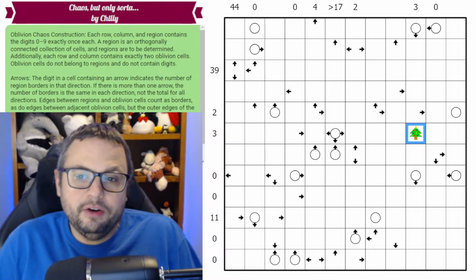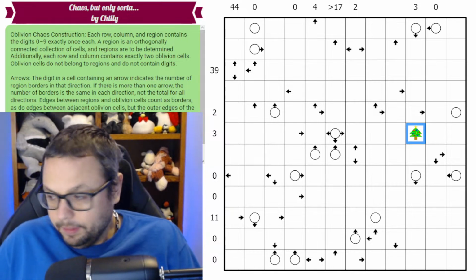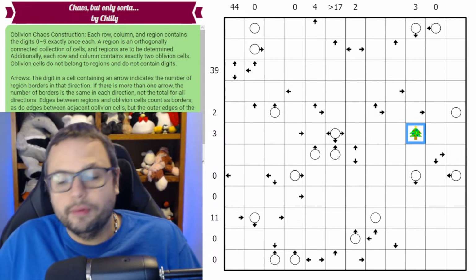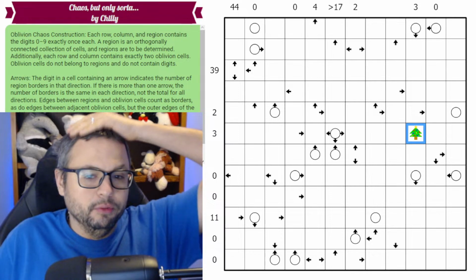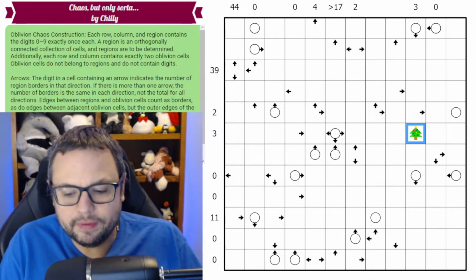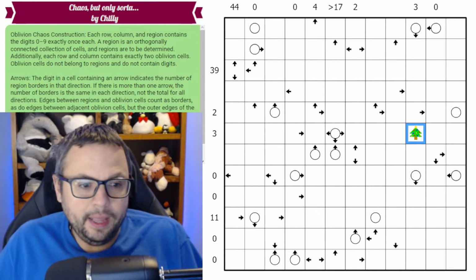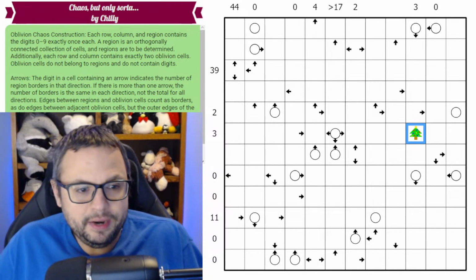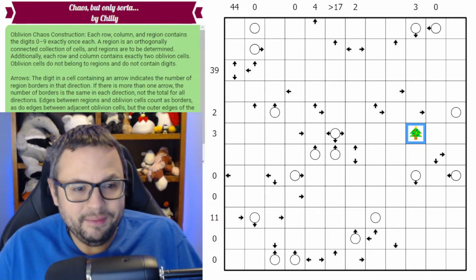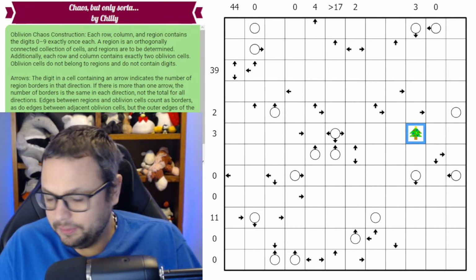So the rules would not quite be normal Sudoku rules, but not so far removed from normal Sudoku rules that you'd basically just have to start over. We've gotten a bunch of nice puzzles so far, and hopefully this will be another one. This one features something called Oblivion cells, so we'll see how that goes.